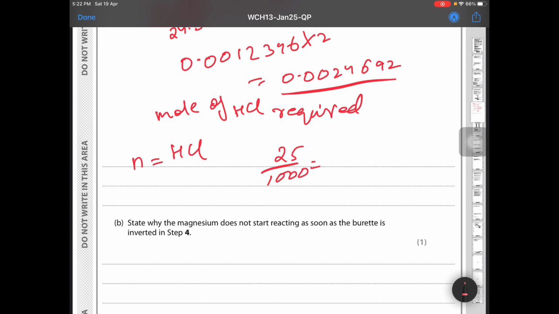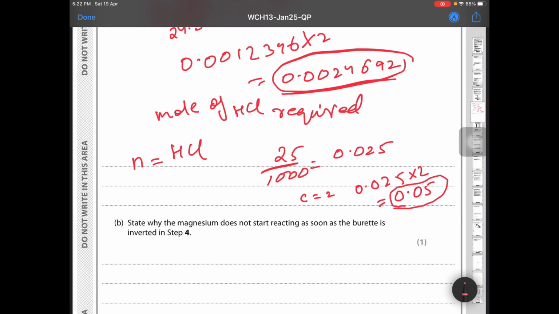So you divide it by 1000, you will get 0.025 decimeter cube. Then the concentration given to you is 2. You multiply this to get the number of moles, so it will be 0.05. Now you have 0.05 moles.